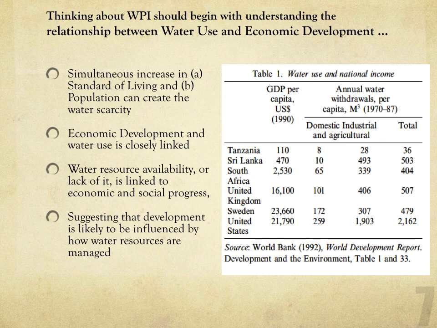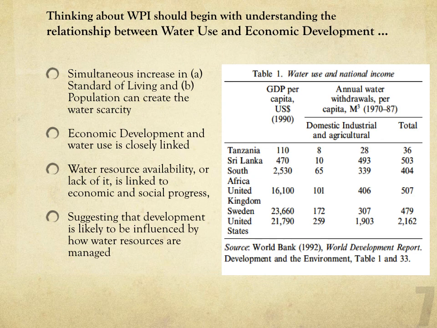Unfortunately, this table doesn't have any example from the Middle Eastern or North African countries, the MENA region countries. But if one looks at the development profile of these countries, one can understand what levels of water withdrawals are, because these are less endowed countries, I would say, in terms of water availability.